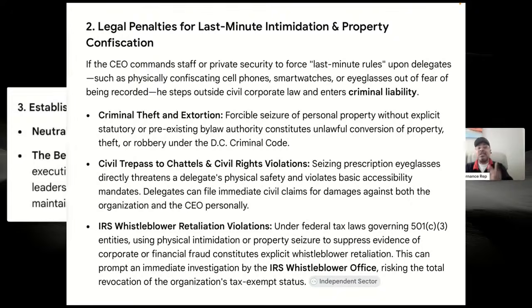If that was not a law given by the people or voted on by the people, ratified by the people in the bylaws, then that act in itself constitutes unlawful conversion of property. It constitutes theft. It constitutes robbery under the DC Criminal Code.